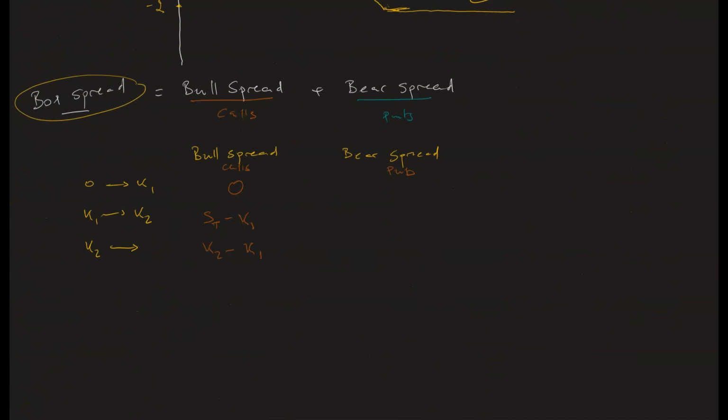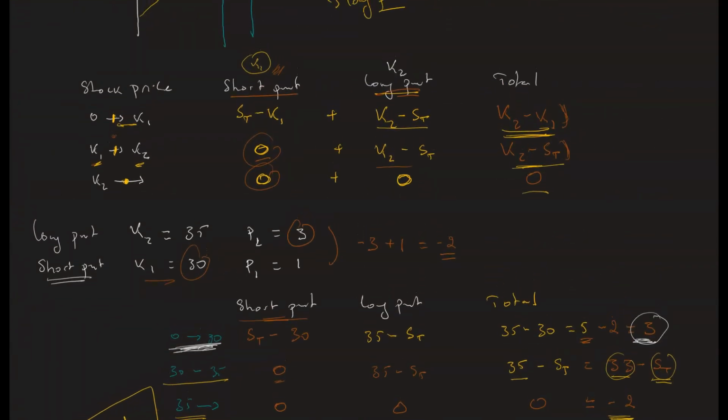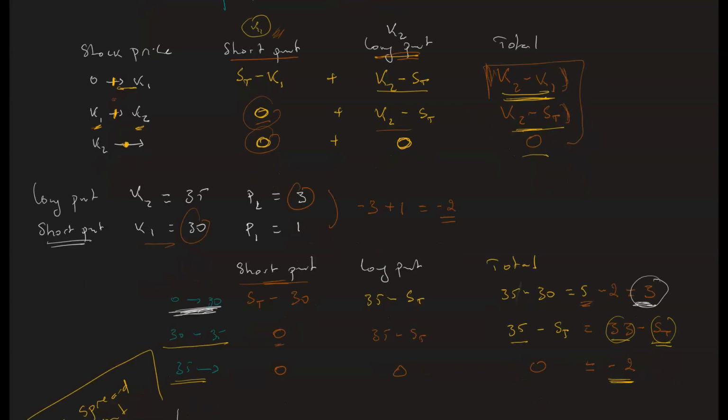So we're going to do K2 minus K1, and then K2 minus stock price, and then 0. That's going to be our payoff for our bear spread using puts.